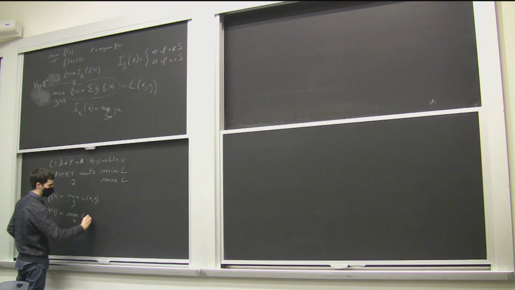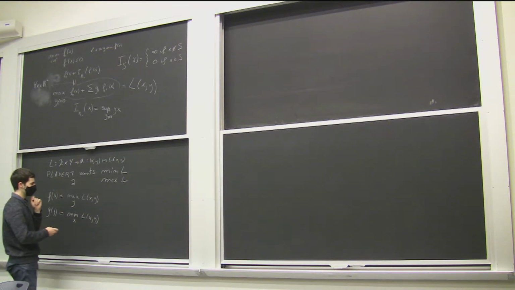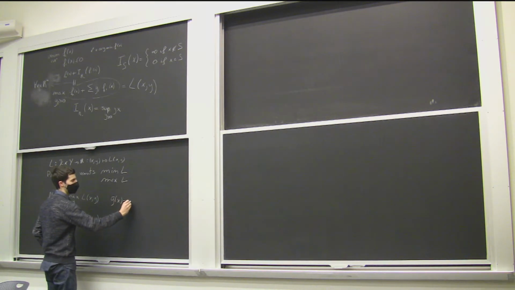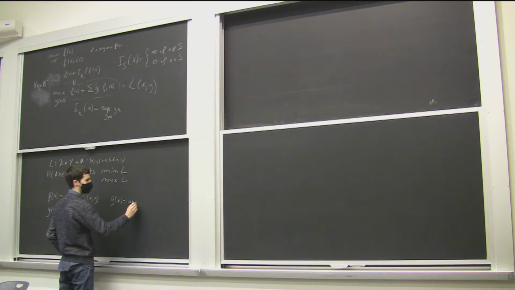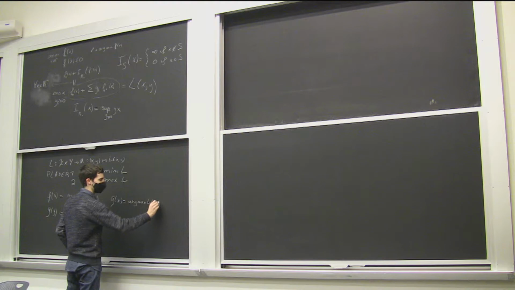he will do this. Okay? And to simplify, we will always assume that this maximum is attained at, let's say, a unique number. And so we will say that y bar of X is the unique argmax of L of x, y.